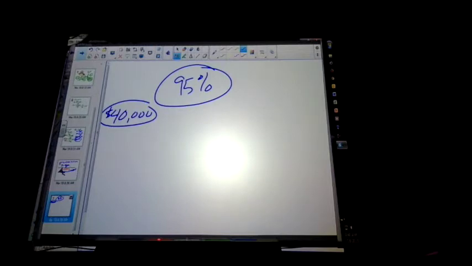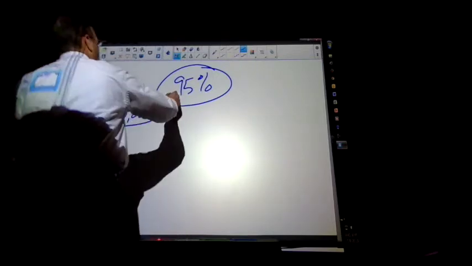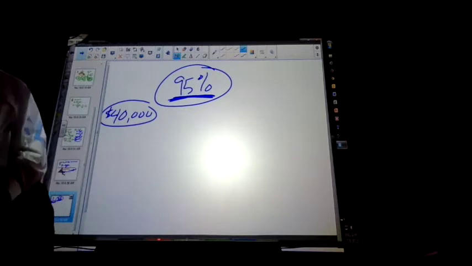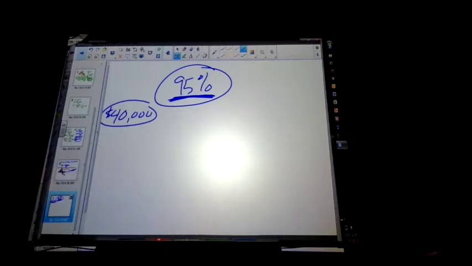I am almost positive that every family here in this classroom, in some way, shape, or form, makes more than that. That is barely the new minimum wage. Barely. We are doing as a nation better than 95% of the world. You guys remember a couple years ago? People were all mad.